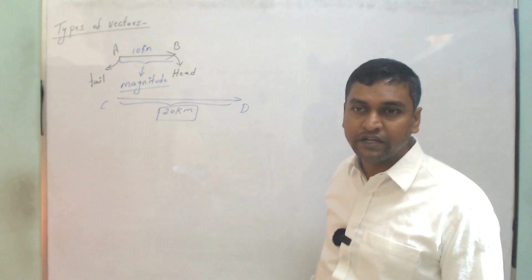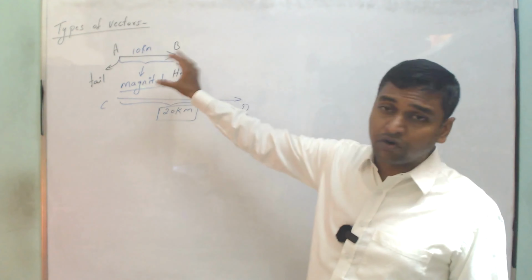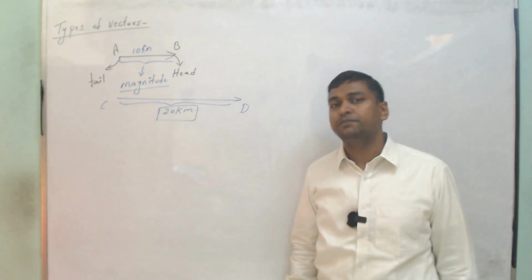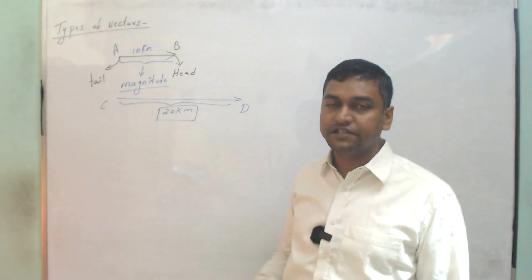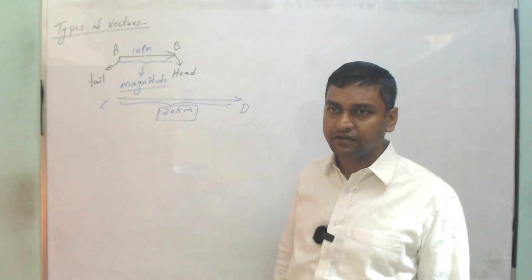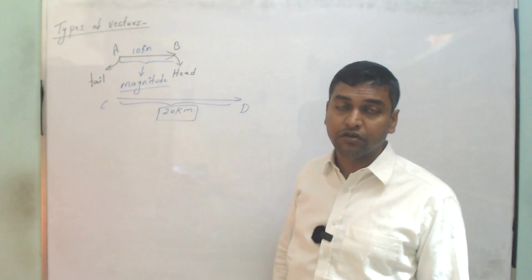For example, it applies for force. The length of the arrow that we show represents the magnitude of the force that is acting, or acceleration, or any physical quantity which is there. So the length is representing the magnitude of that particular physical quantity.